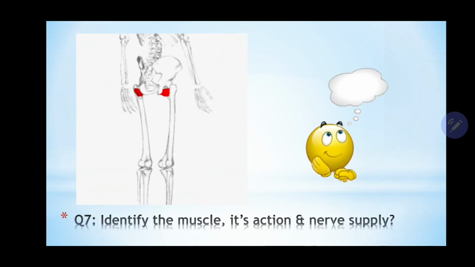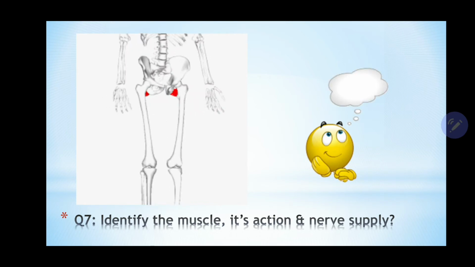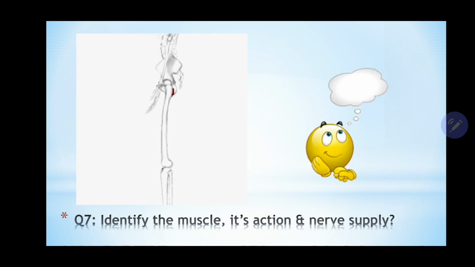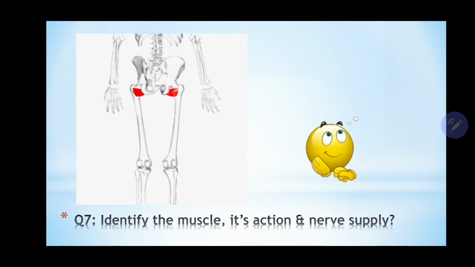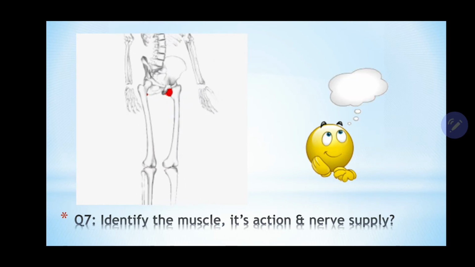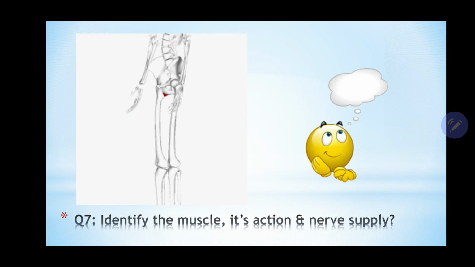Okay, so you can see that this muscle is arising from the ischium, anterior to the ischial tuberosity, from the anterior surface of the body of the ischium. This muscle, you can see, is quadrangular in shape, right?